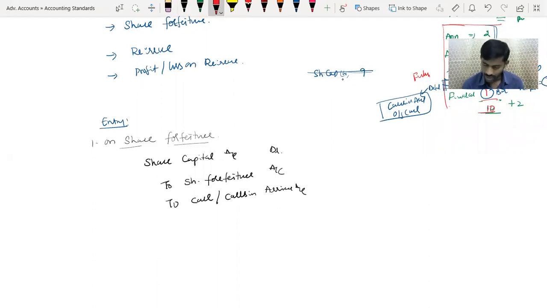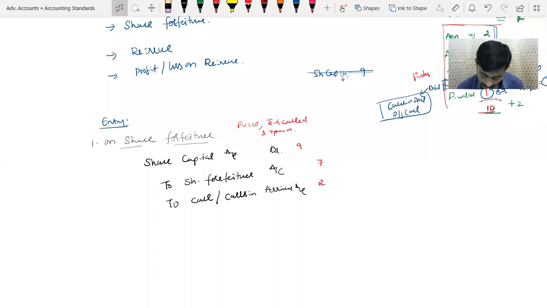In our example, face value is 10 rupees, 9 rupees called, and 7 is paid. The share capital is 9 rupees I have credited, therefore 9 rupees I have to reverse. Share forfeiture account: 7 rupees he has paid. Call account outstanding: 2 rupees will be there.